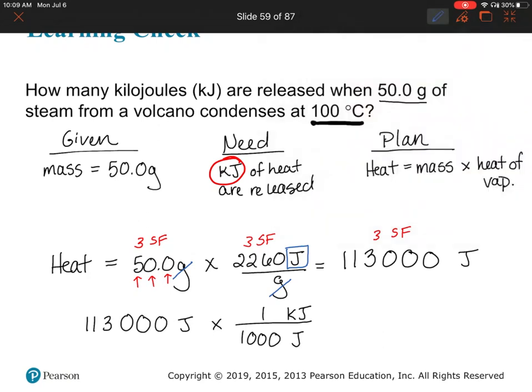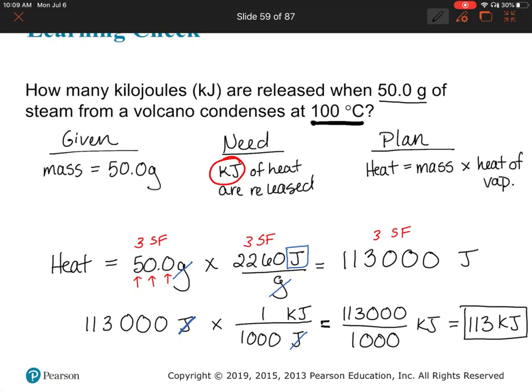Okay, so let's make sure our units cancel. We have joules in the numerator and the denominator. So we'll end up with kilojoules. So really, we're dividing 113,000 by 1,000. So that should give us 113 kilojoules.